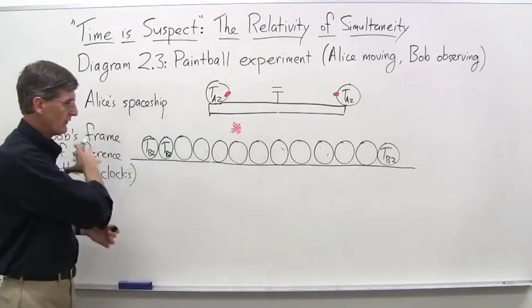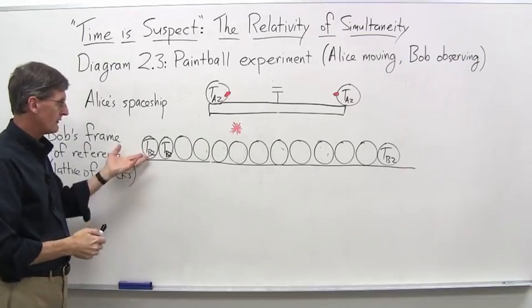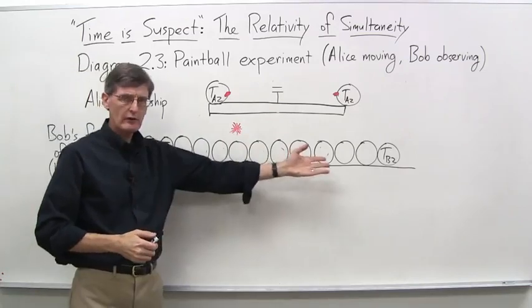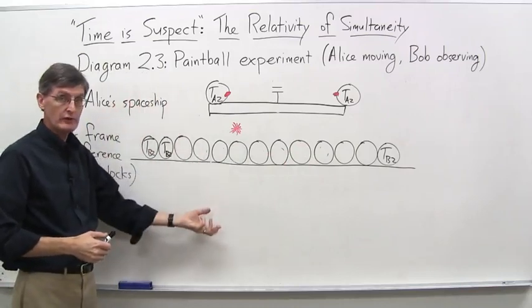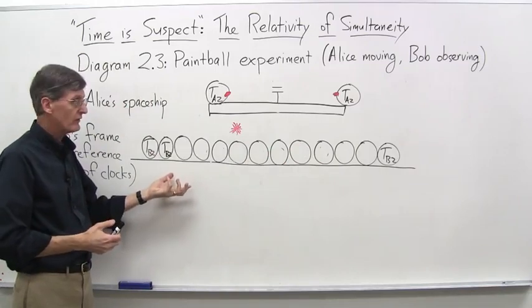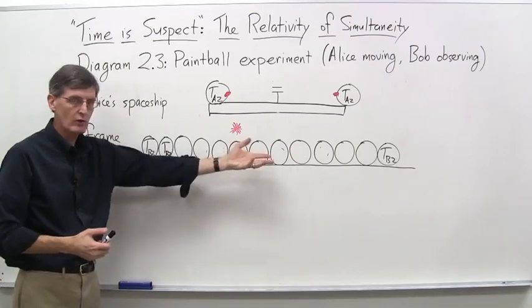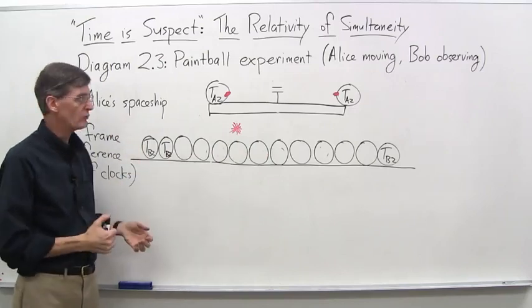And you see something very similar to this on your handout. Again, to emphasize, all Bob's clocks are synchronized here. So he sees the paintballs start off at time TB equals 0, and then at TB1 he sees them in transit, and then at TB2, all his clocks would register TB2 as we see here.